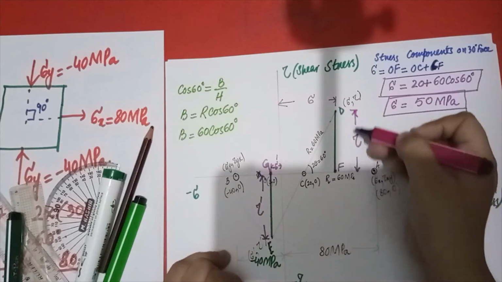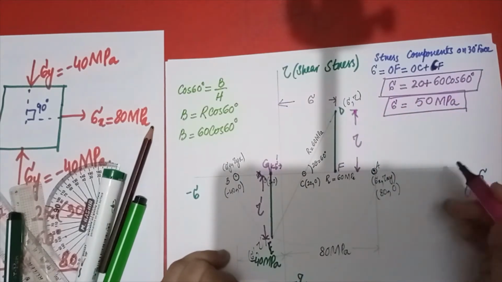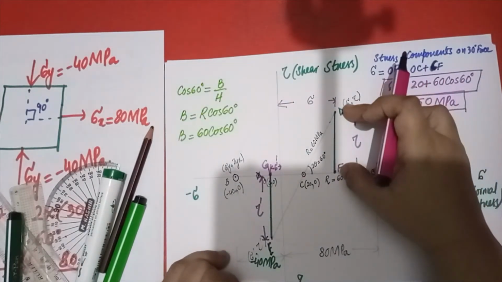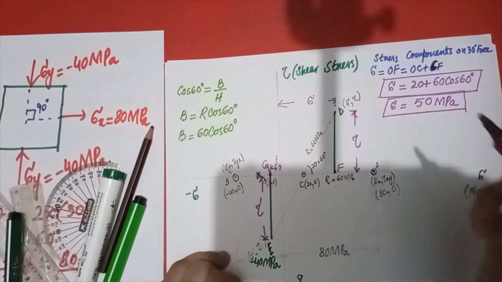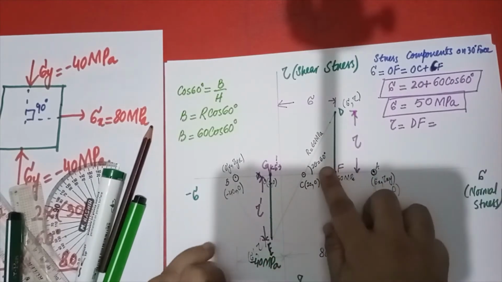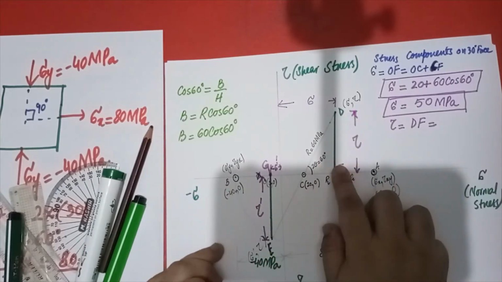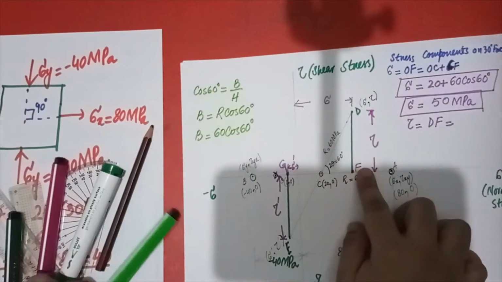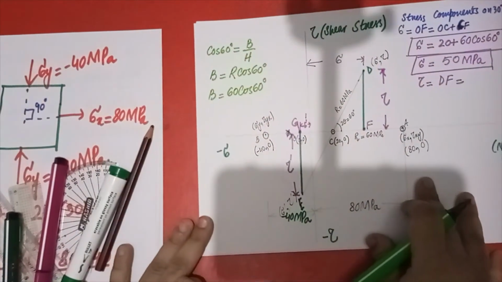Now I have to find this tau. So how can I find this tau? This tau is equal to DF. And how can I find it? Now I have to use sine theta, perpendicular upon hypotenuse. So let me write it over here.